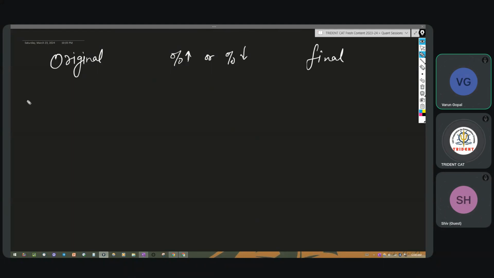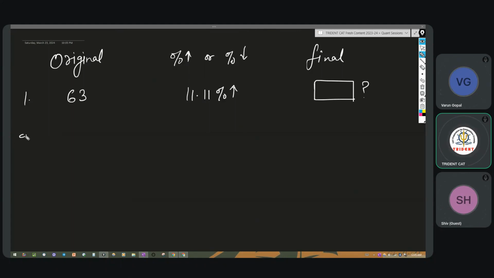The first number is, let's take 63 as the first number, and I'm saying 11.11 percentage increase, and you were to tell me the final number. Okay, now hold on, don't hasten up. I don't know the original number, but I know that 7.69% of that number has decreased, and I know the final number is 84. So what is the original number?